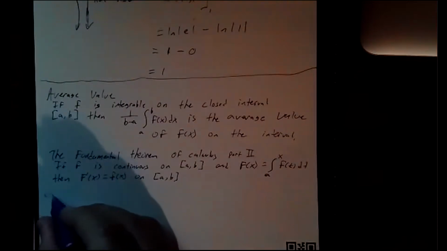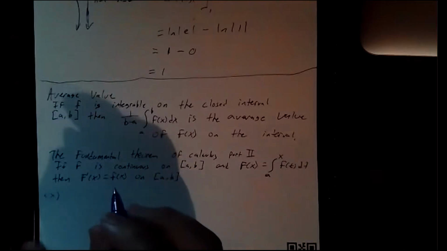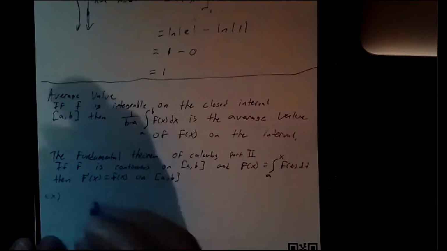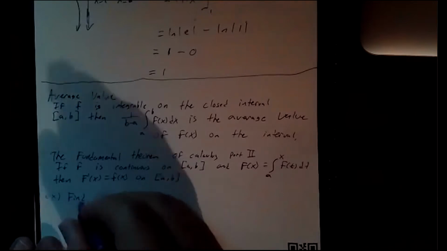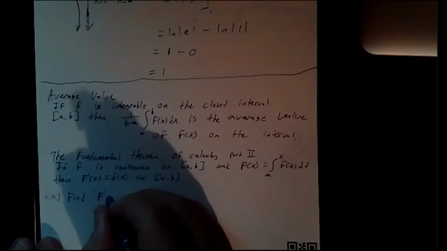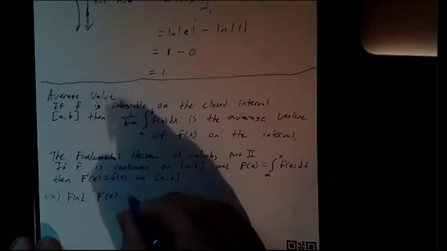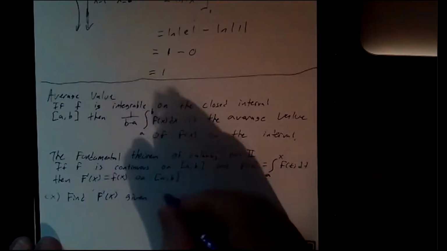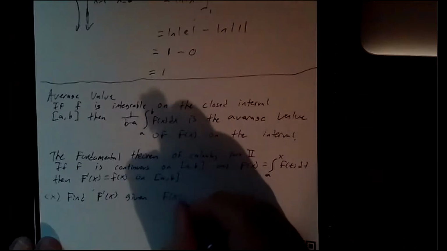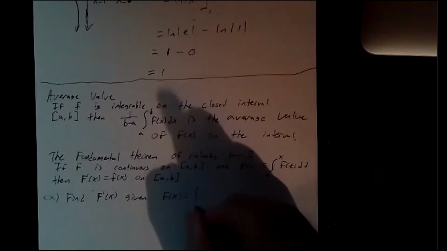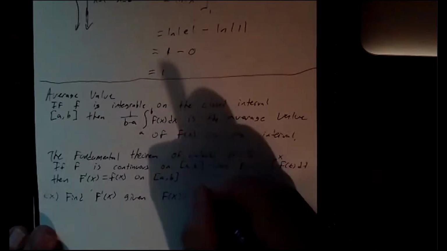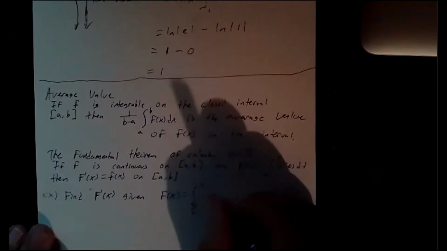So an example would be, let's say the question is: find F prime of x given capital F is equal to this integral from pi over 2 to x of cosine t dt.